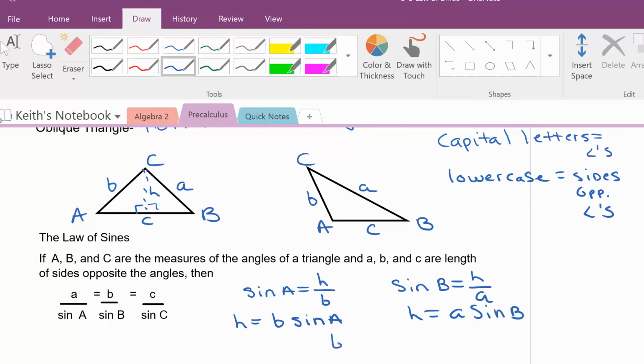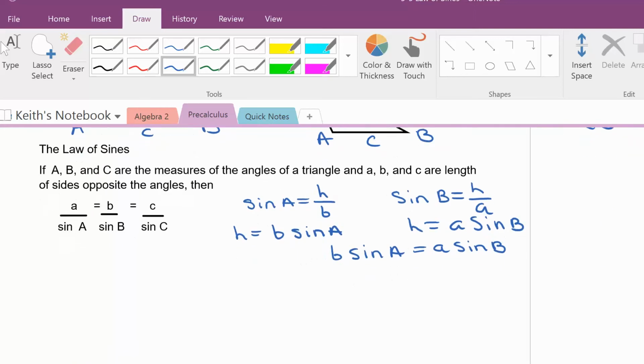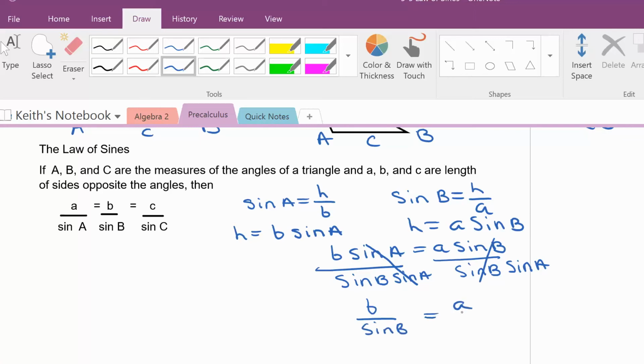Set them equal to each other because they're both equal to h. And then if you divide by sine B and sine A on both sides, notice those cancel, and you're left with b over sine B equals a over sine A. And you could do the same thing if you drew the height for side c.